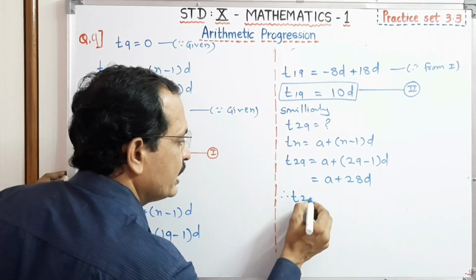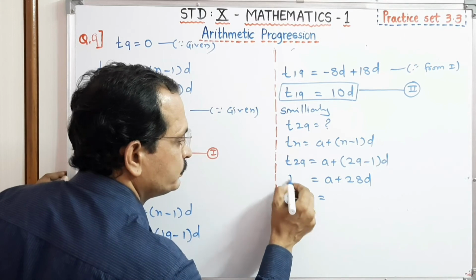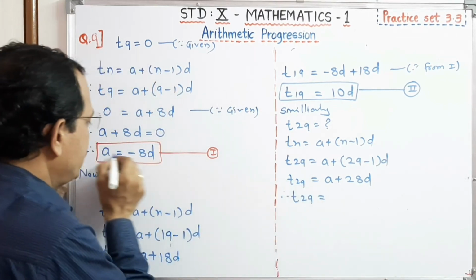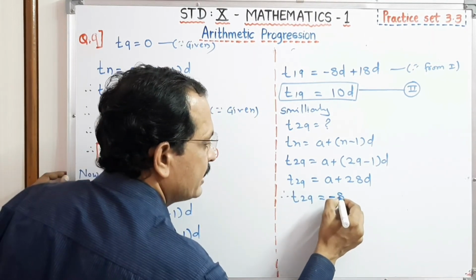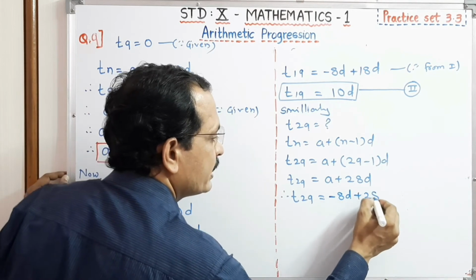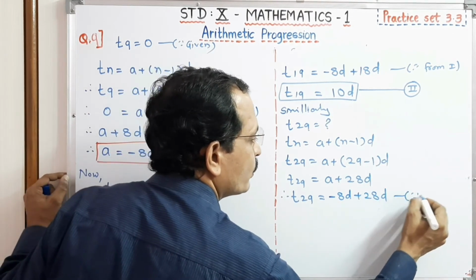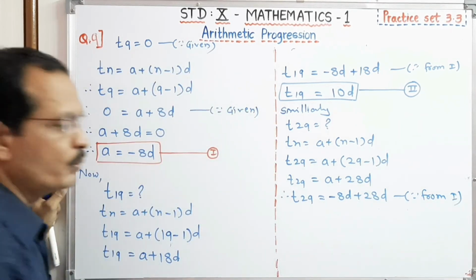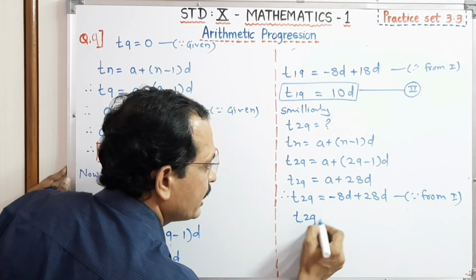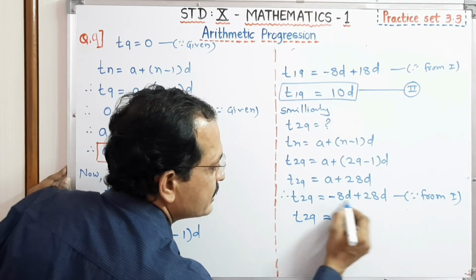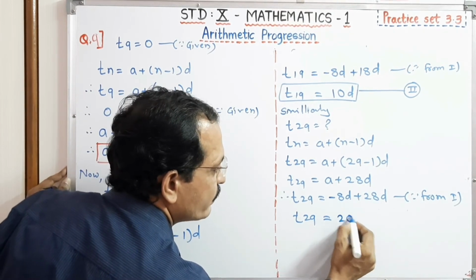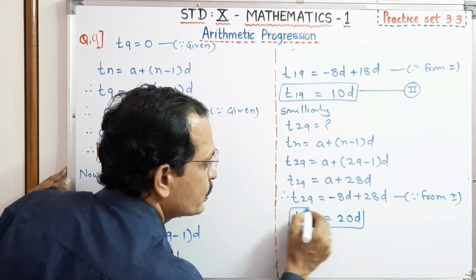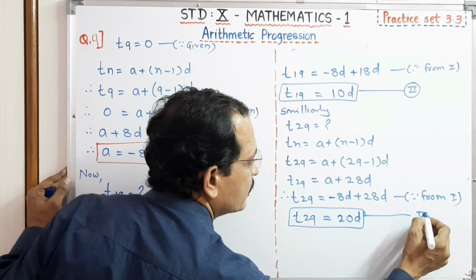Therefore T29 is equal to, now again this A is equal to minus 8D plus 28D. Here also we have to write from first. Now we can write here T29 is equal to minus 8D plus 28D, it is 20D. Now dear student, this is statement number 3.